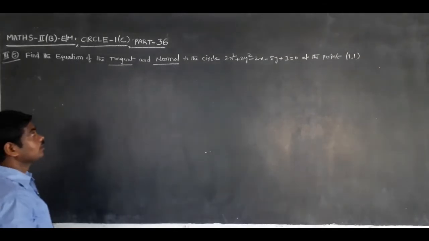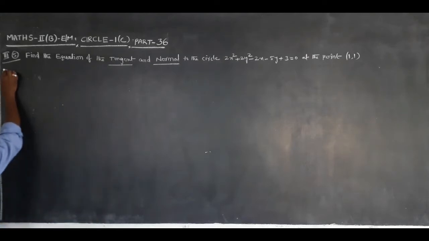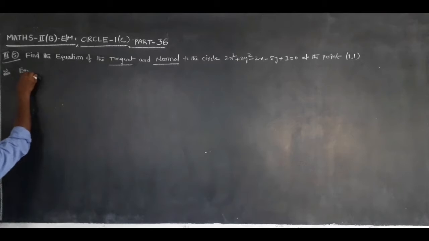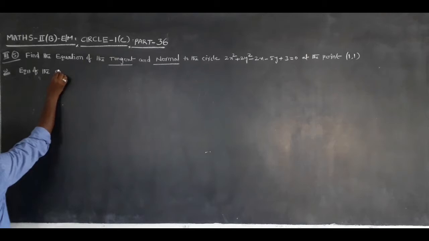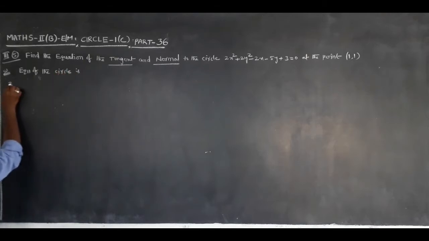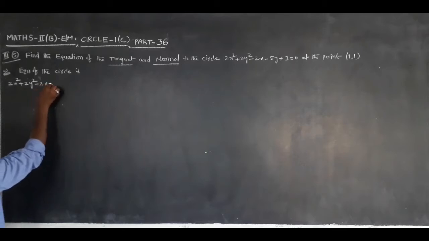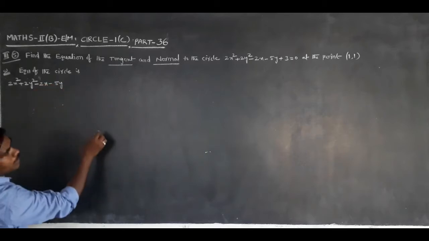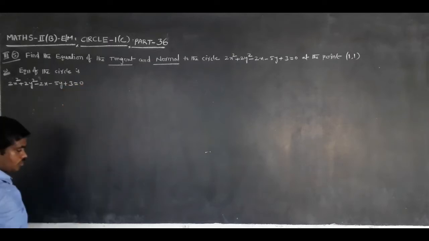Here we find the equation of the tangent and the equation of the normal. The given equation of the circle is 2x square plus 2y square minus 2x minus 5y plus 3 is equal to 0.